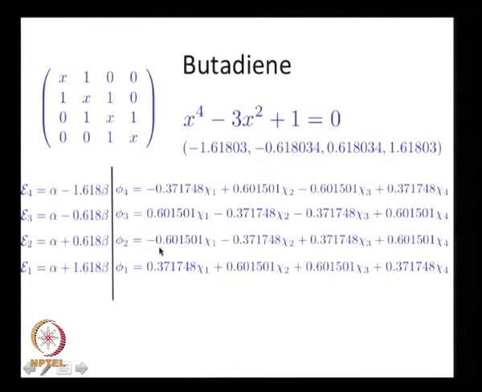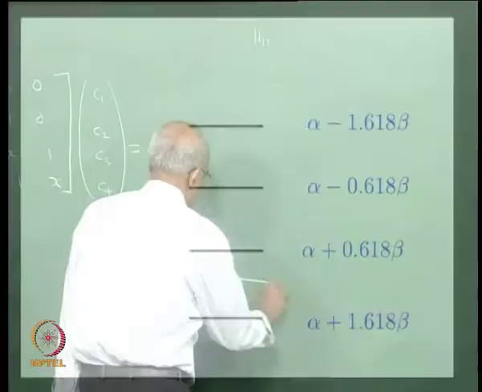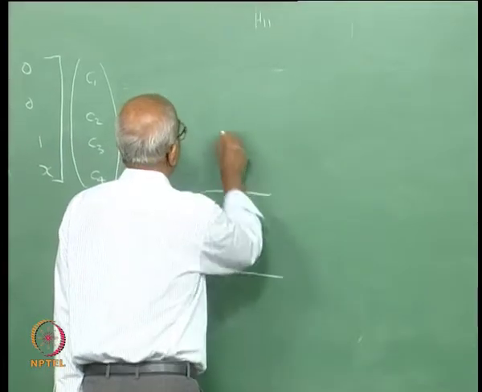And the corresponding molecular orbitals you can calculate, you will find that these are the corresponding molecular orbitals. We will look at the molecular orbitals in a second, but before we do that, let us look at the energy levels of the system. These are the 4 allowed energy levels. And in the case of butadiene, 4 energy levels are shown here. These are the energies of the molecular orbitals.